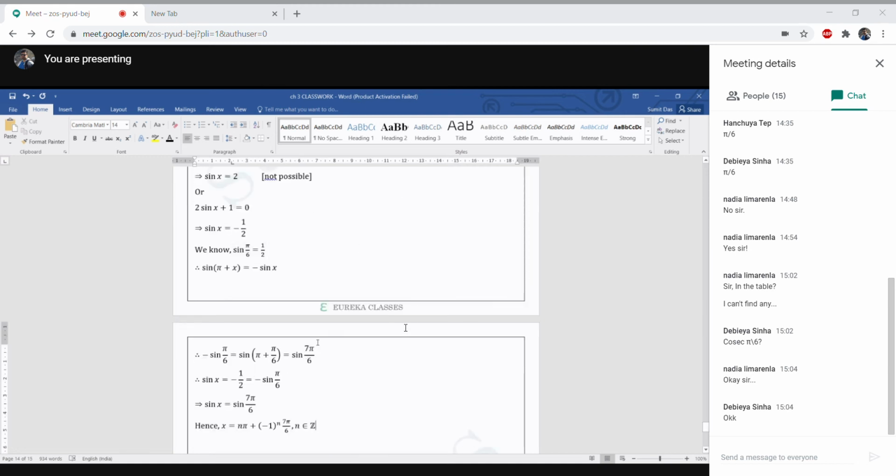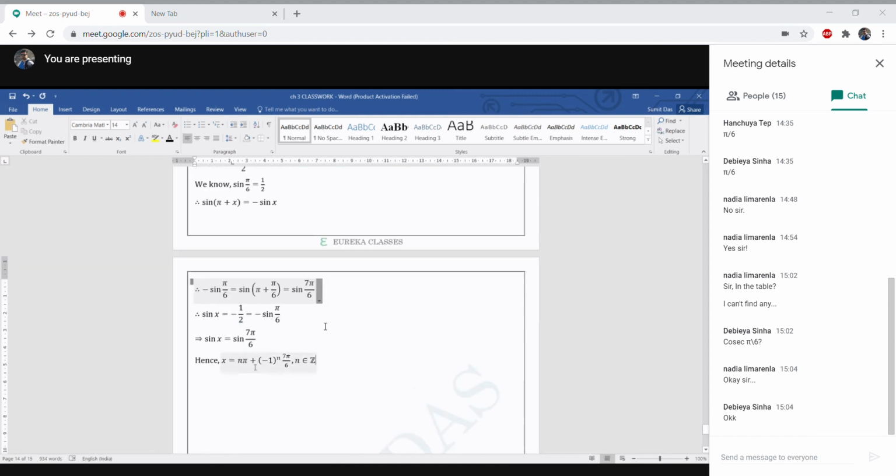In this general solution, our work is on the right hand side. We had sin x equal to minus 1 by 2, so we have to write minus 1 by 2 as something with an angle.